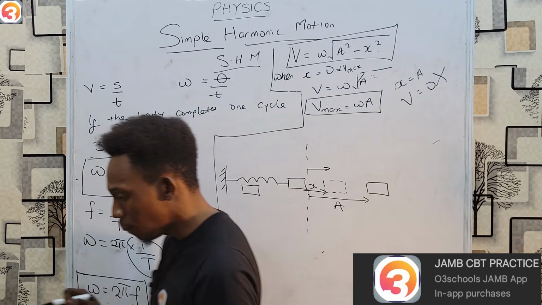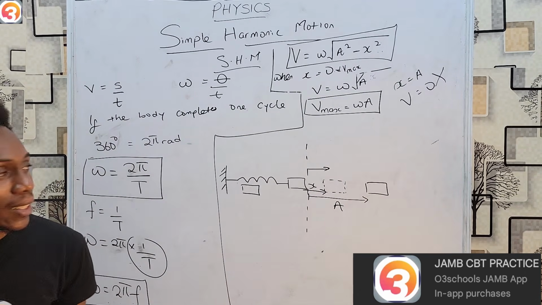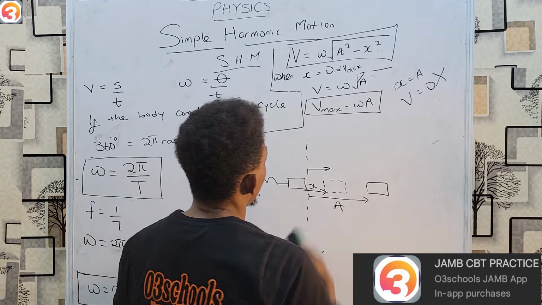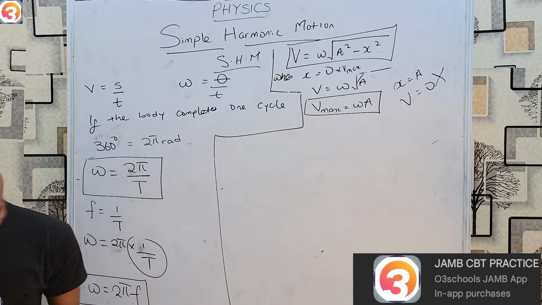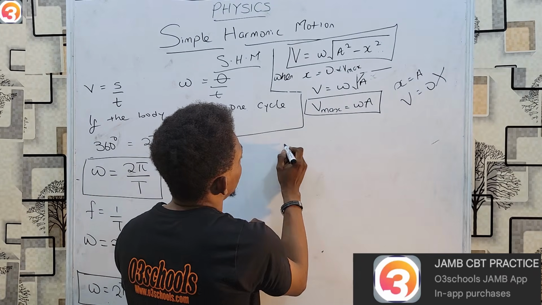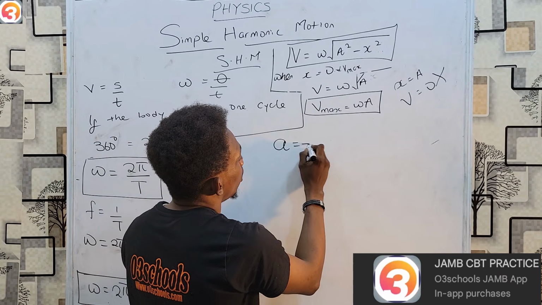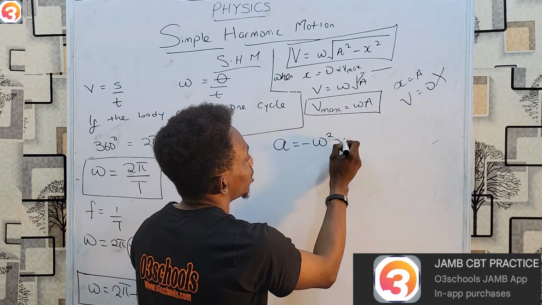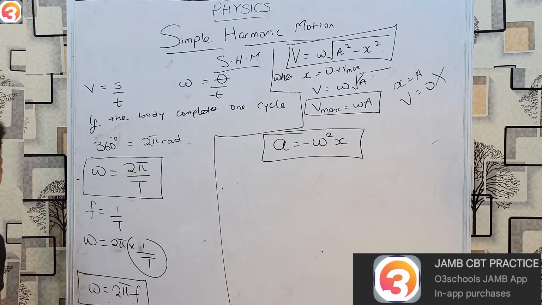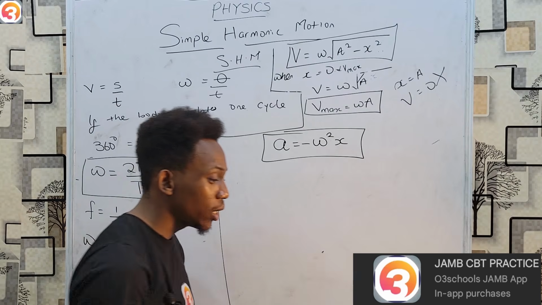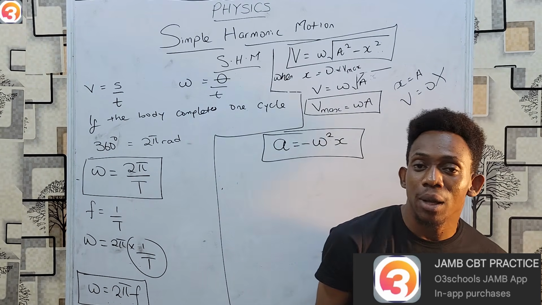That's for velocity. What if I want to get the acceleration? Well then, for acceleration, all I simply need to remember is that the linear acceleration equals minus omega squared x. Please just note, in SHM, all we have mostly is a lot of formulas. The terminologies are few and far between.